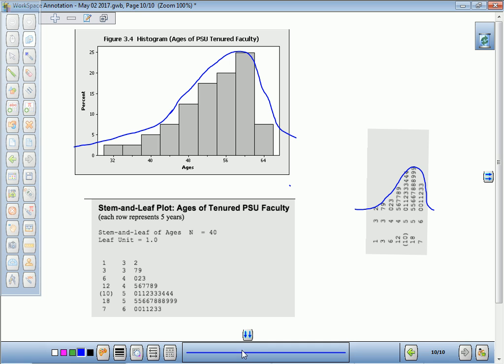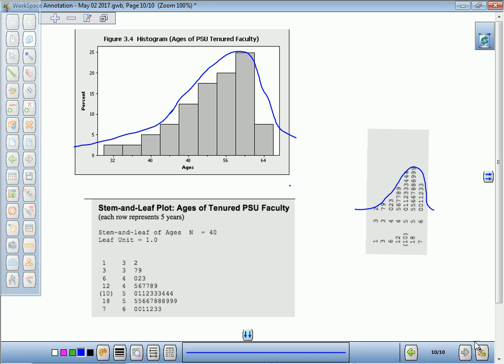And then the ones place. Actually, this is representing a different data. No, it's not. No, it's the same. 32, yeah. 37, 30. And they have it divided up just the way we divided it there. Yep.